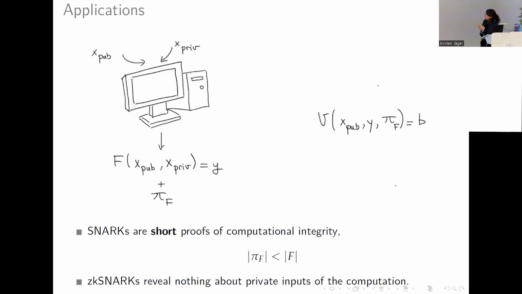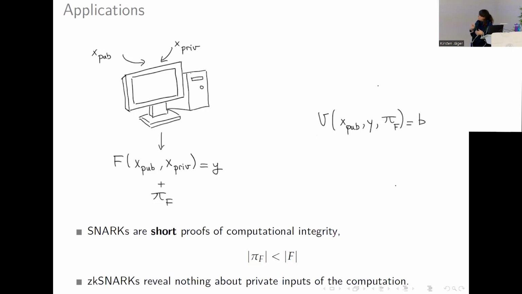The goal of the server is to prove that this computation has been done correctly. For this, the server will not only compute the result of the computation, but also a small proof that this computation has been done correctly.